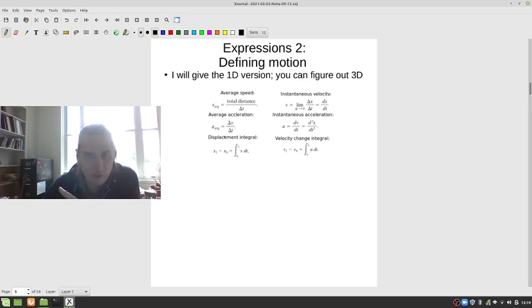Keep taking time derivatives. And if you want to find basically your displacement in velocity, you take the integral of the acceleration. And if you want to find your displacement in position, you take the time integral of velocity.